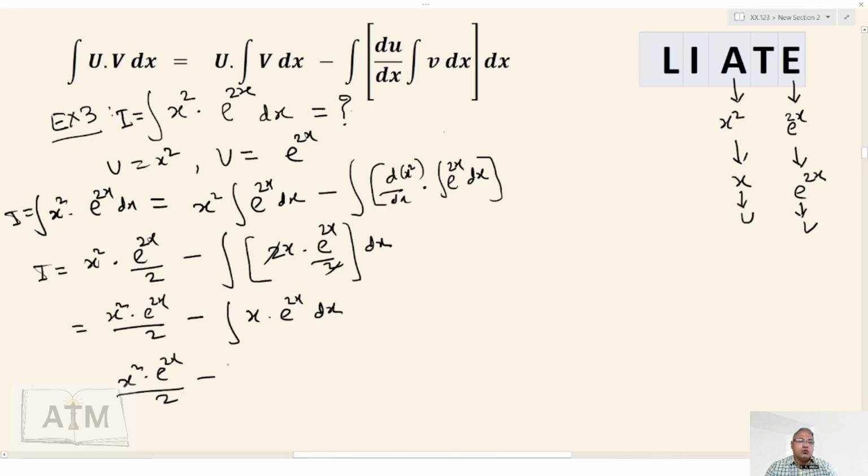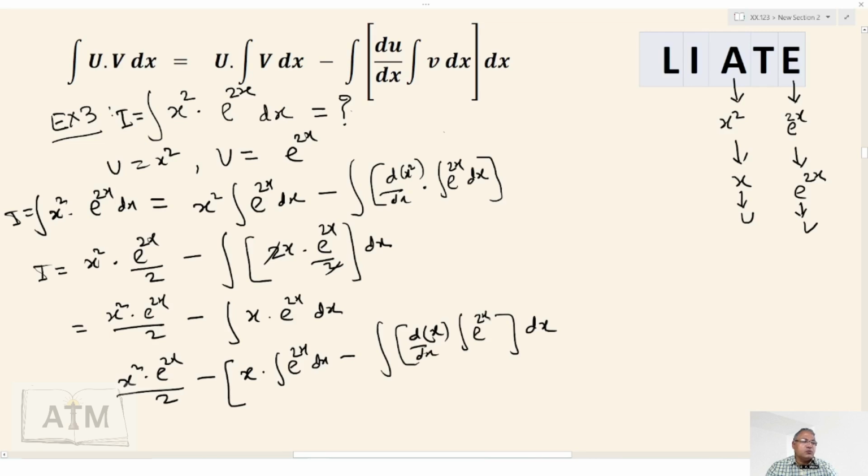So u means x as it is, integration of v, that is e raised to 2x with respect to x, minus integration of box with respect to x. Here du by dx, that is derivative of x with respect to x, integration of e raised to 2x with respect to x.